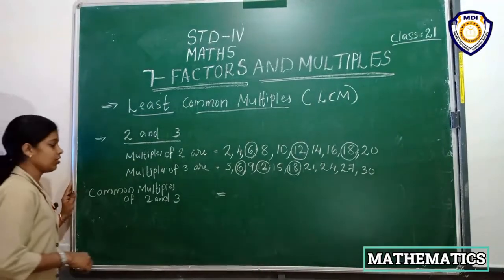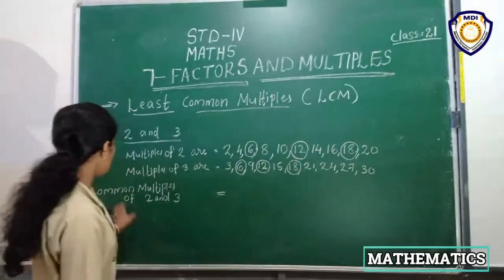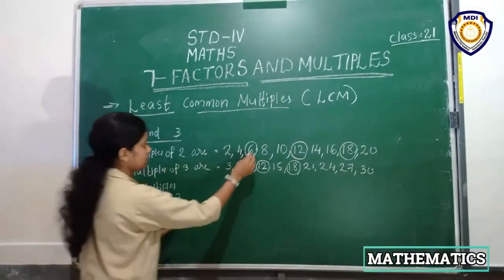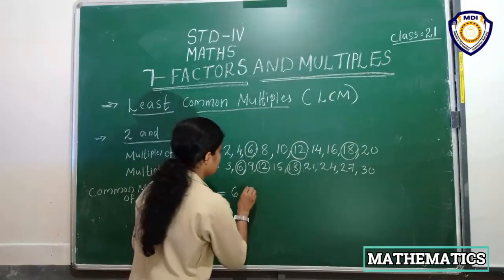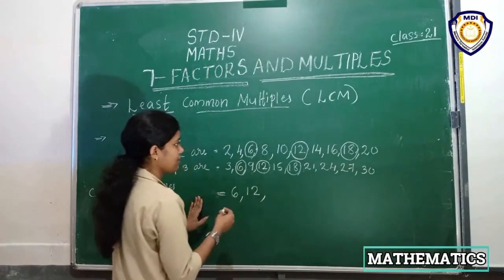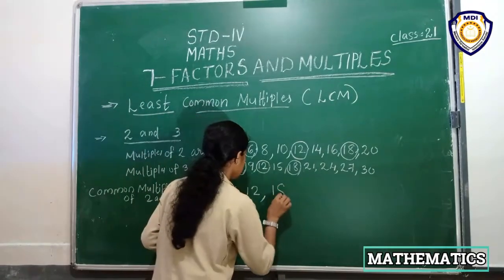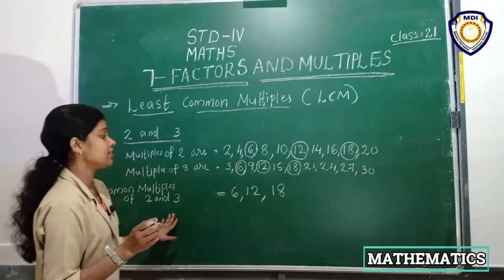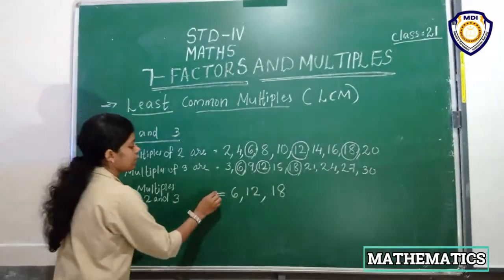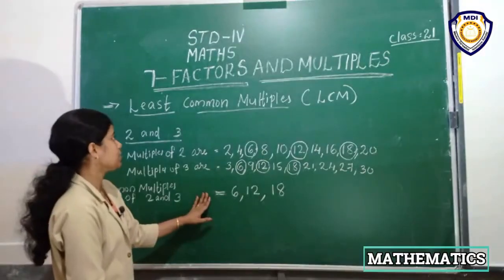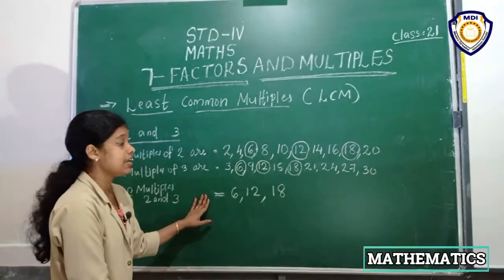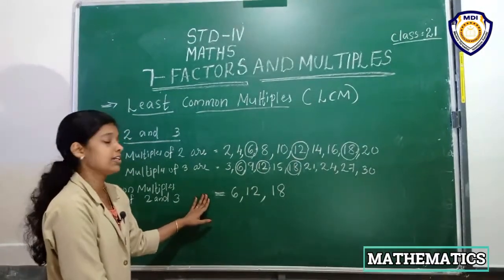Then the common multiples of 2 and 3 are 6, 12 and 18. Then we want to find out the LCM, the least common multiple.